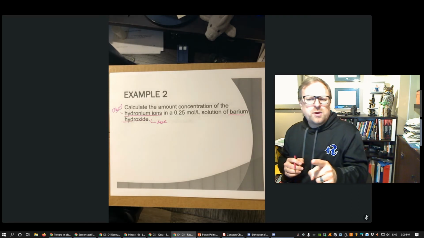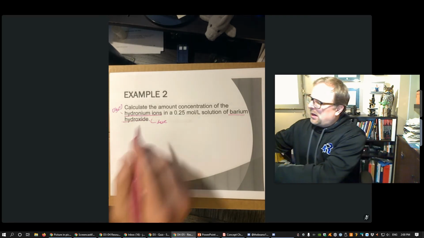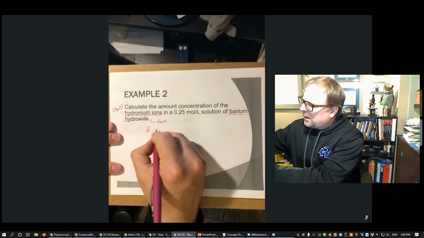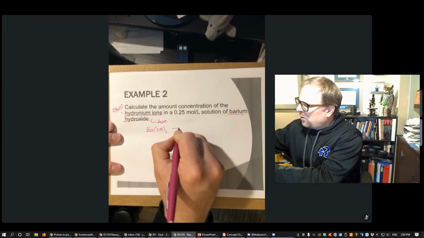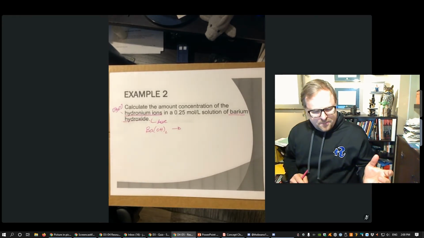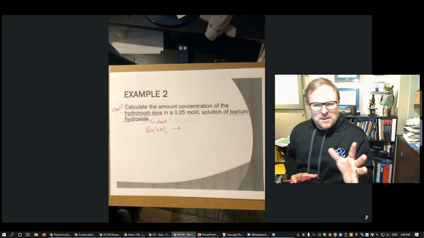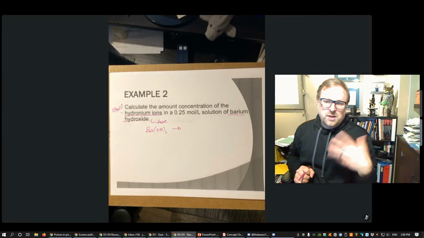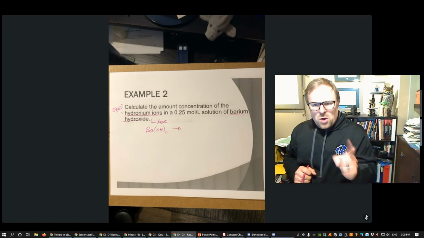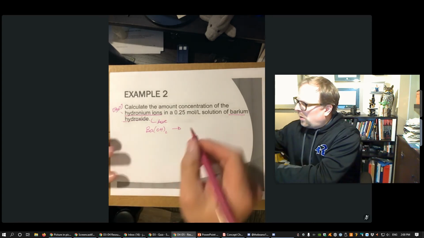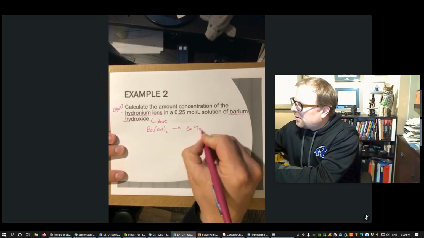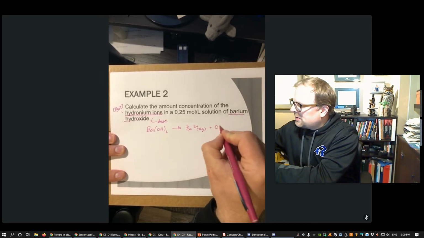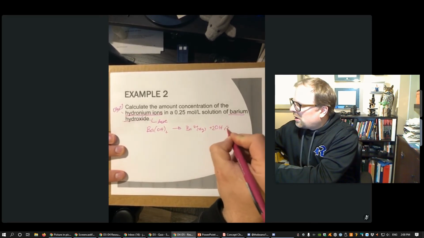First thing I want to point out, and something that I know caught many of you in Bio or in Chem 20, is that barium hydroxide is an ionic compound. It's an ionic hydroxide, making it basic. But we know that it dissociates when we put it in water. So it's going to dissociate into barium ions, and it's going to dissociate into 2 hydroxide ions.